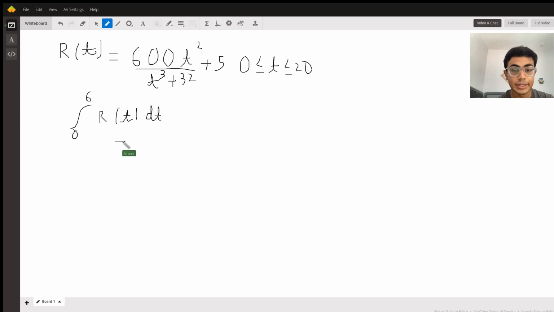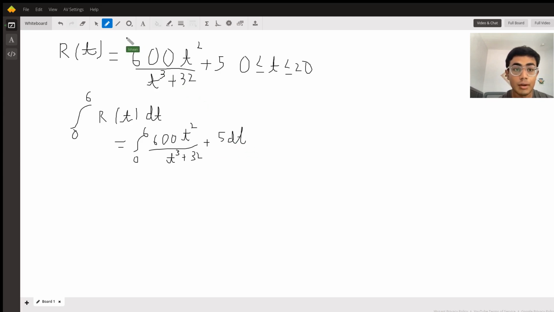So let's substitute it in real quick. The integral from 0 to 6 of 600 t squared over t cubed plus 32, plus 5 dt.